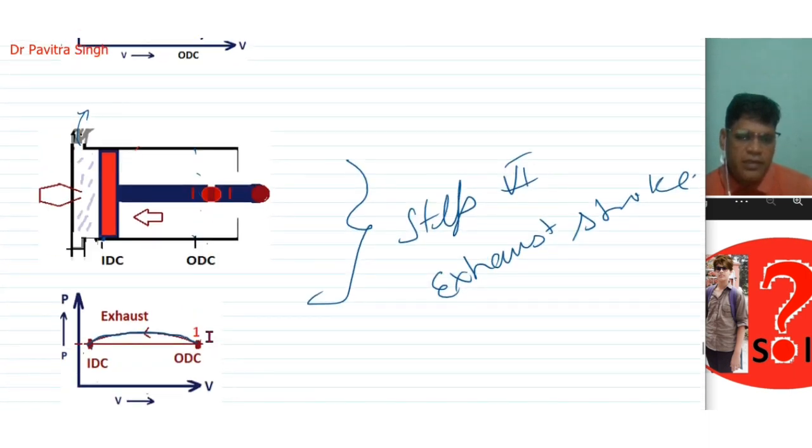Next is the exhaust stroke. In this stroke, the outlet valve is open, but the piston is moving from ODC to IDC. That's why this will move 1 to 2, and pressure will be atmospheric at point 1 and at point 0. But in the middle, it will be quite higher than atmospheric pressure.